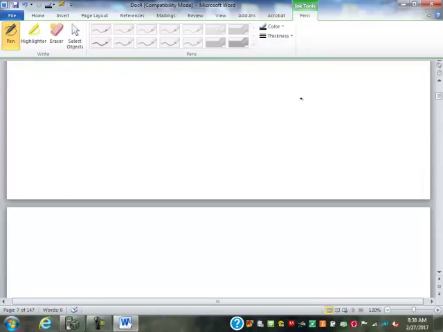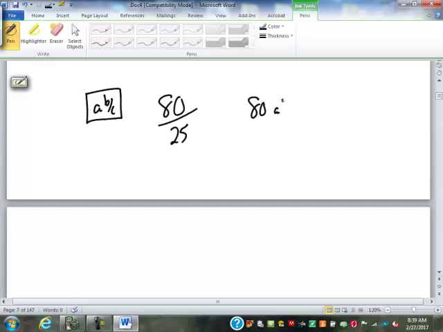Now, I realize a lot of you out there have fraction calculators. The one I recommended to you is a fraction calculator. And if you're using that fraction calculator, you can enter these fractions in. Most of them have an ABC key that looks like that. If you're going to enter in, let's do 80 over 25, you would type in 80 ABC 25.